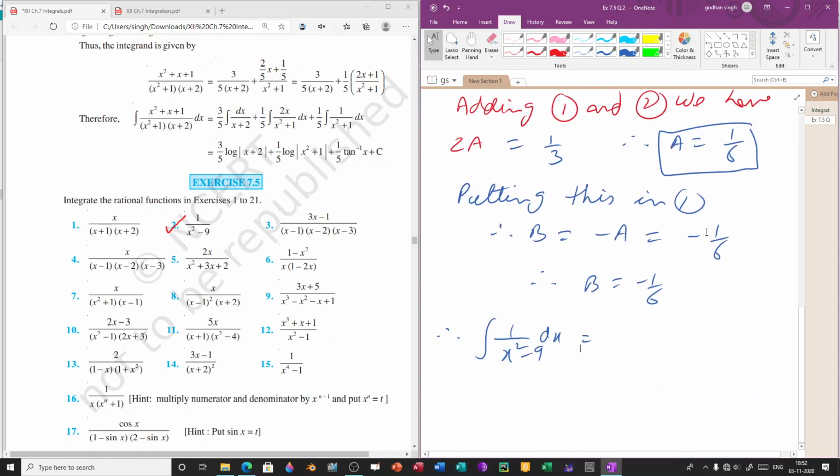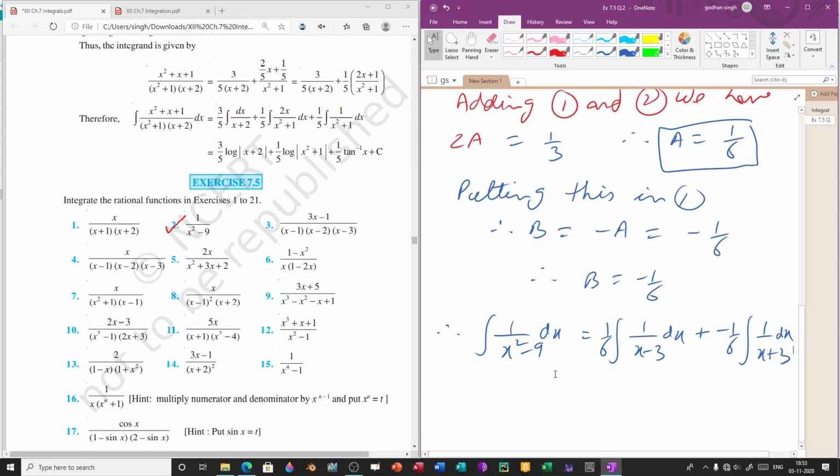So we write that equal to the integration of a, what is a, 1 by 6, that we can take out as a constant, over 1 by (x - 3) dx, plus b, and b is minus 1 by 6, so that we can take out of the integration, then 1 over (x + 3) dx.